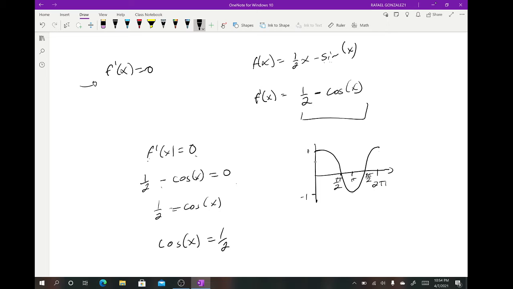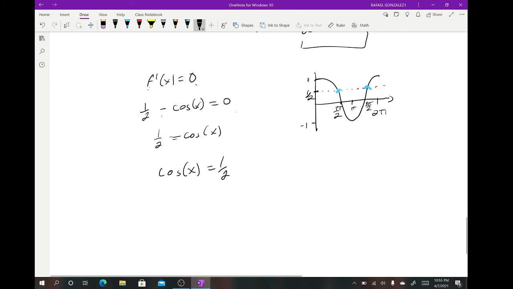Now notice that 1/2 is a number that's here. And if you were to draw a horizontal line here, you will see that we cross the graph of cosine twice, right before pi over 2 and a little bit after 3 pi over 2.